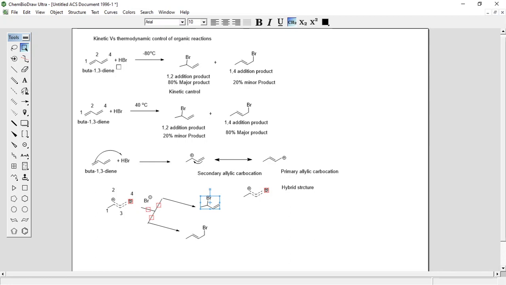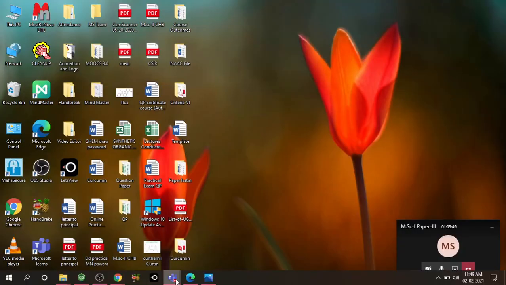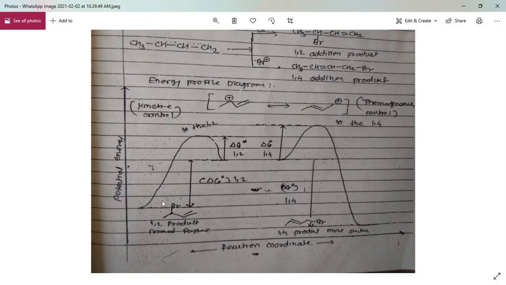In this energy profile diagram, delta G for the formation of the 1,4 addition product is more negative than for the 1,2 addition product, which means the 1,4 addition product is more stable. This is due to the thermodynamic control of the reaction.